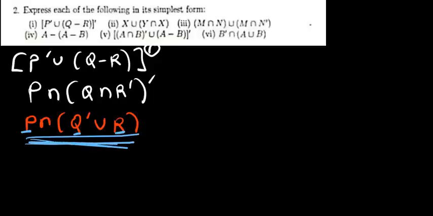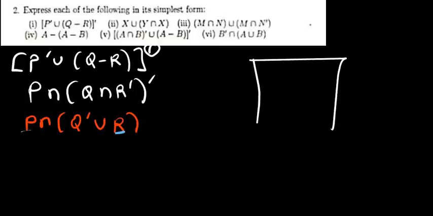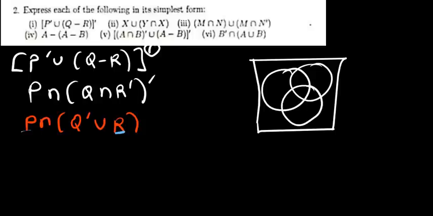Another way to know that this is the final answer is to use a Venn diagram. If you happen to use a Venn diagram, you have three sets. Put here P, Q, and R. Inside the sets, put numbers 1, 2, 3, 4, 5, 6, 7. Outside put 8. Not 7 but 8.